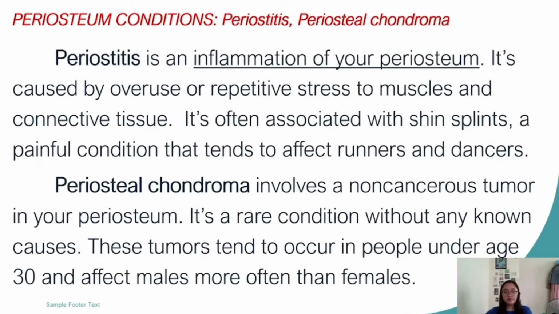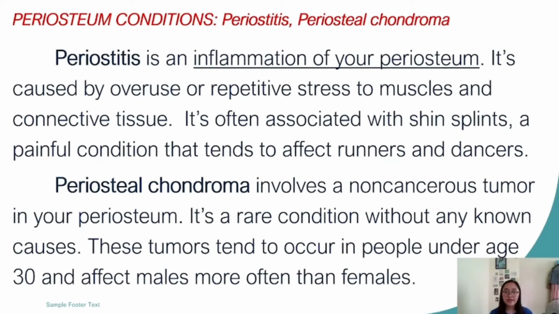We also have conditions of the periosteum, and these are periostitis and periosteal chondroma. I hope I am pronouncing it right. If not, sorry po. Anyways, periostitis is an inflammation of our periosteum.